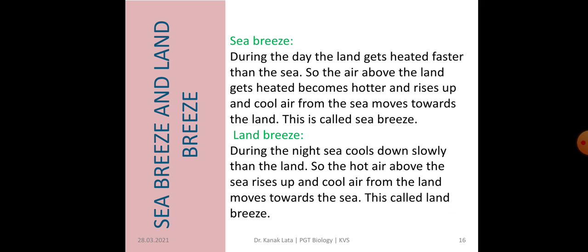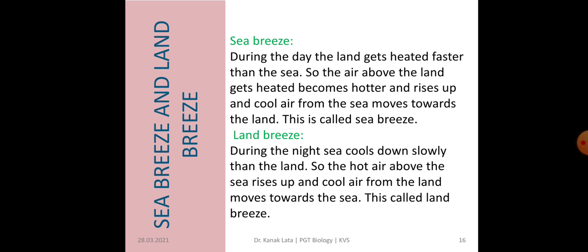Now let us discuss sea breeze and land breeze. It is very interesting. During daytime, the land gets heated faster than the sea. So what is happening?